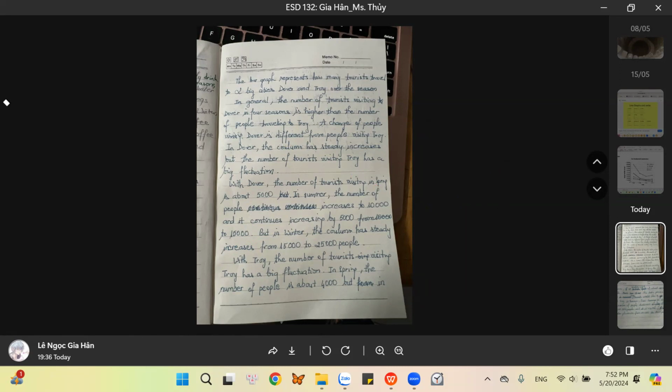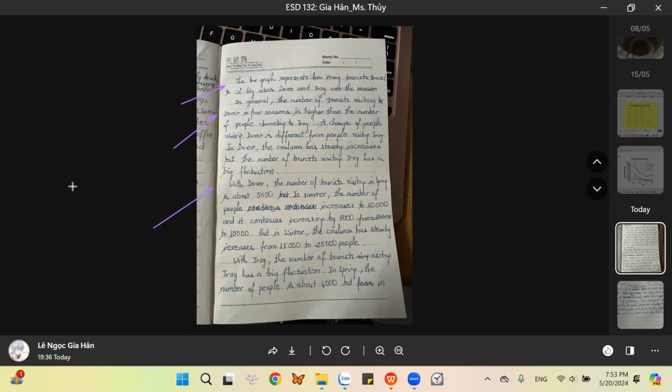First, she paraphrased the topic. The second thing that she has done is she also gives us a general introduction. And the third thing, she compares the differences between Dover and Troy.